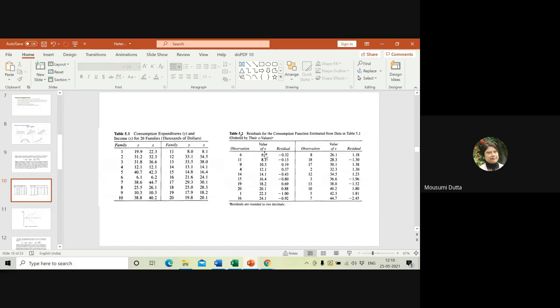So if we rearrange the x values in increasing order of magnitude and put the relevant residuals beside this, we are getting, as the x value is increasing, the residual value is also increasing. Sometimes there may be some fall. However, under most of the circumstances, as x value is increasing, residual is increasing. So there is a pattern between x and residual.